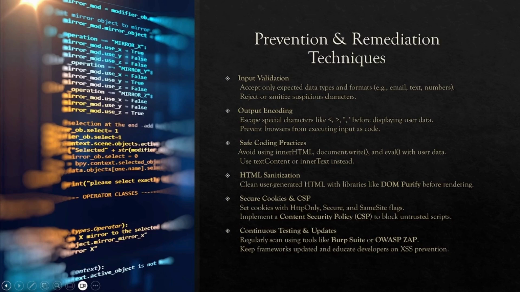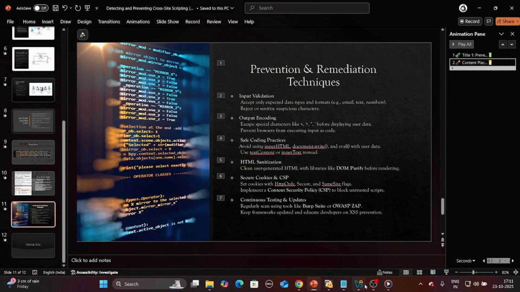Make sure your development team understands how to write secure code. So in short: input validation, output encoding, safe coding practices, HTML sanitization, secure cookies, CSP, and continuous testing. I'll show you an example.